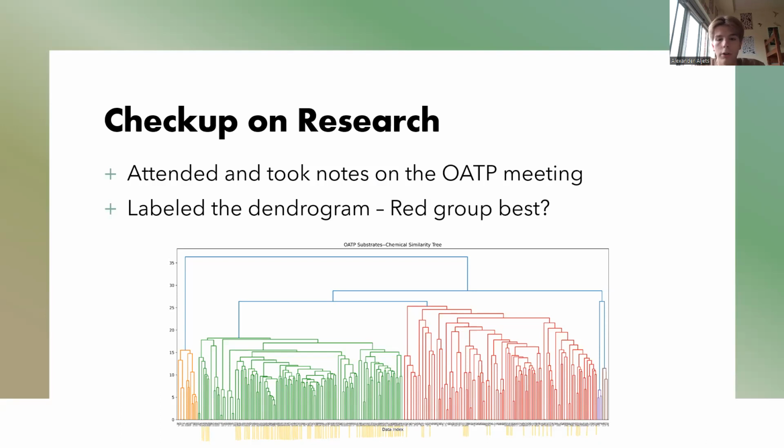So I labeled this diagram. I put it into the OneDrive, but I put it in here again. My guess would be that the ones in the red are the most important, the ones that we should look at, because the green ones seem to be mostly Alzheimer's drugs, and the red ones seem to be mostly substrates.